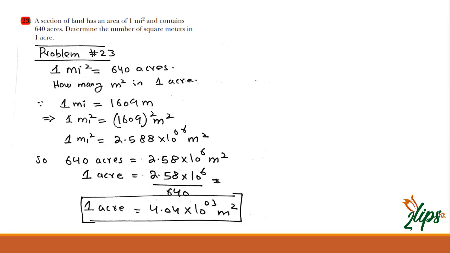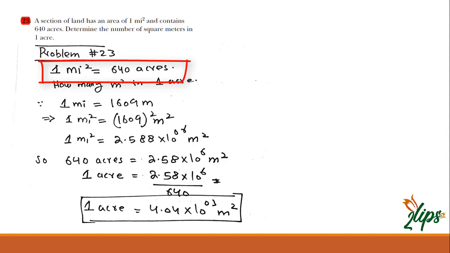Problem number 23. A section of land has an area of 1 mile squared and contains 640 acres. Determine the number of square meters in an acre. It is given in the question that 1 mile squared is equal to 640 acres. This expression gives the relation between mile squared and acres.